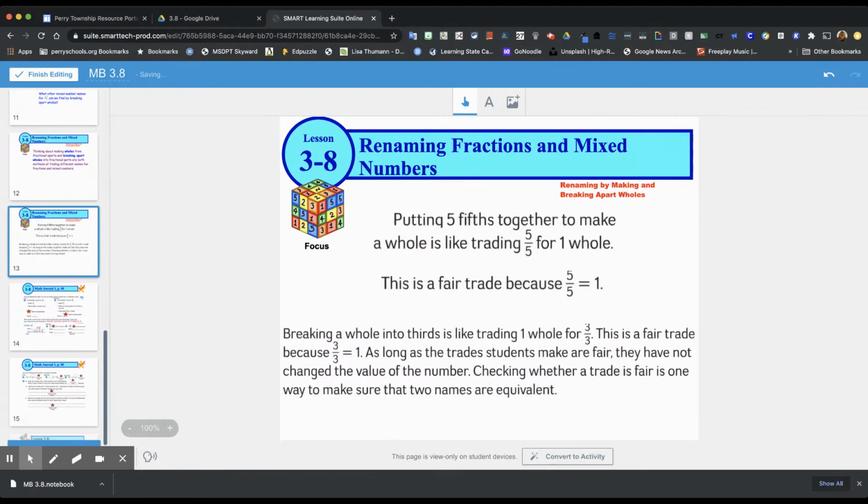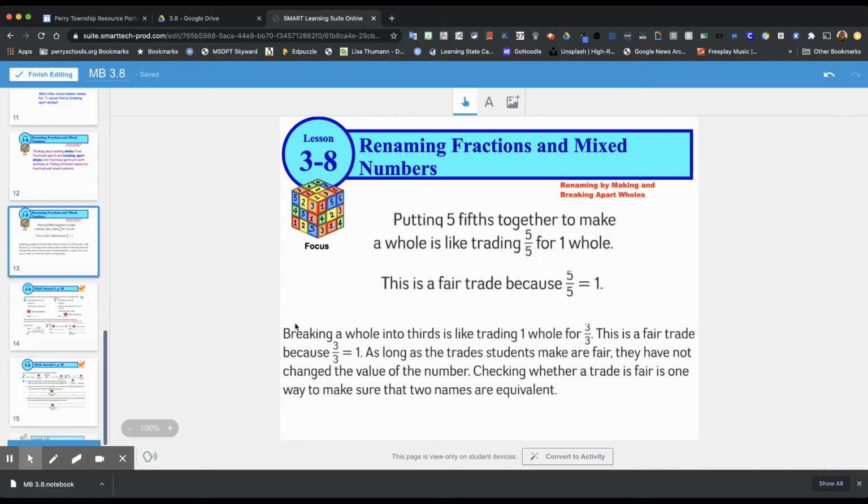So breaking a whole number into thirds is like trading one whole for 3/3. That's a fair trade because 3/3 equals 1. As long as the trades you are making are fair, you have not changed the value of the number. Checking whether a trade is fair is one way to make sure that the two names are equivalent.